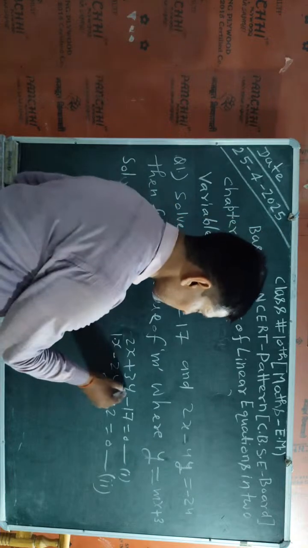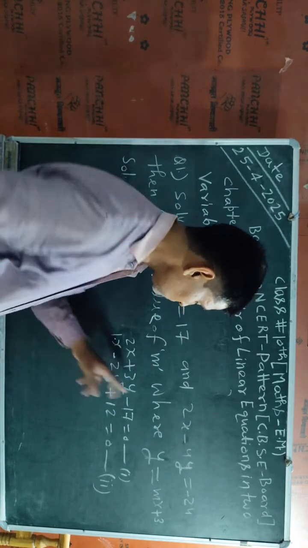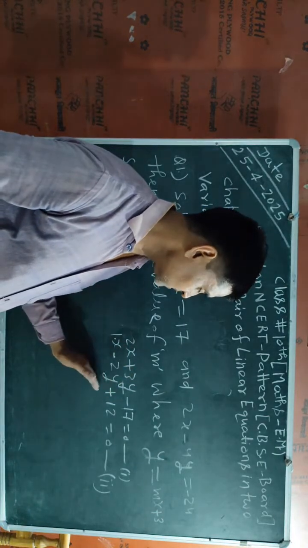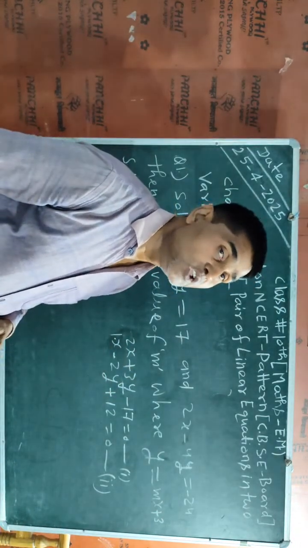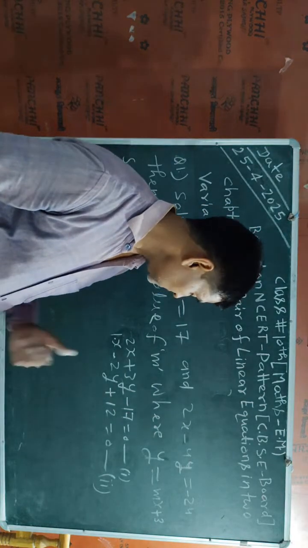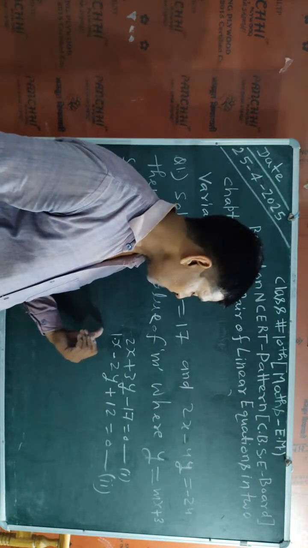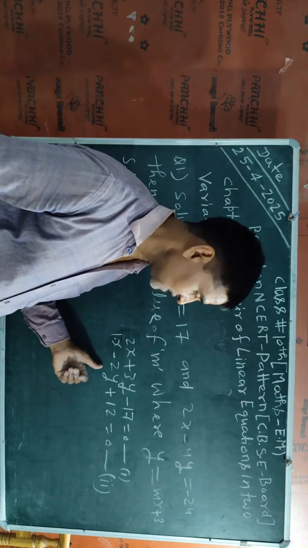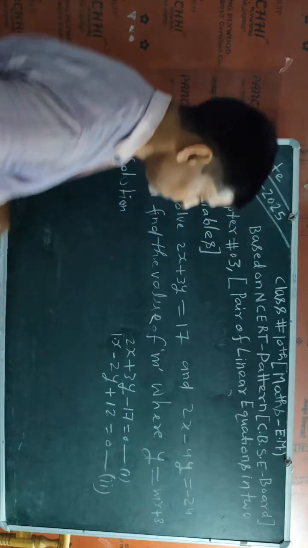Any one coefficient I will make equal, and then we will subtract. If I subtract, the sign will change: if there is a plus sign, I will put a minus sign, and if there is a minus sign, I will put a plus sign. Okay, student, this method I will use.